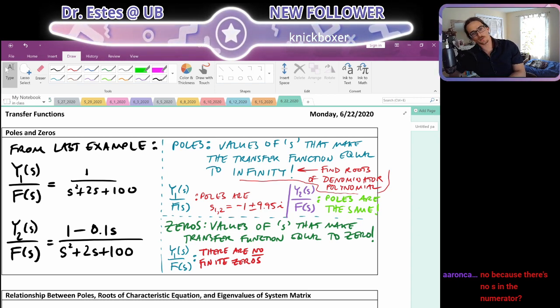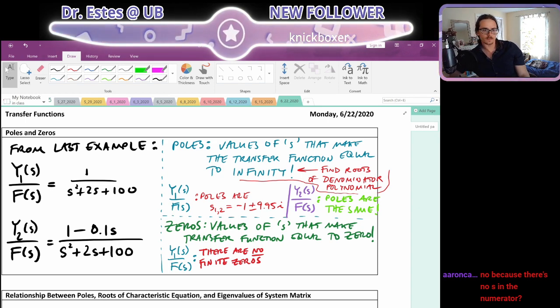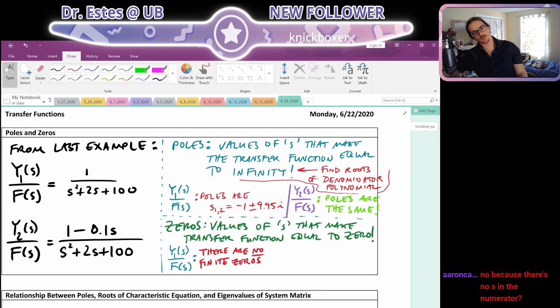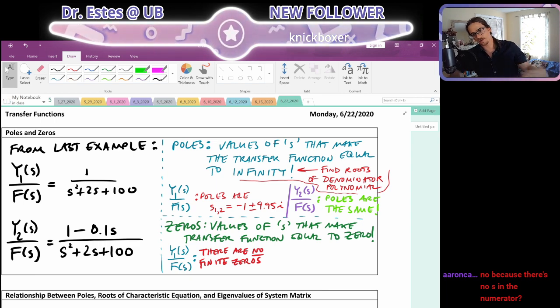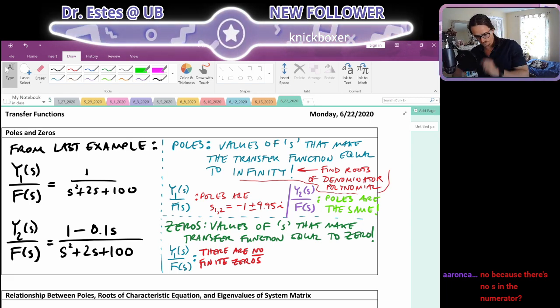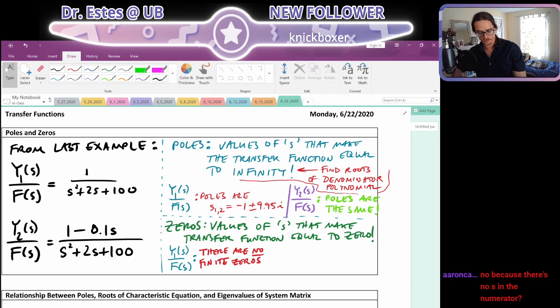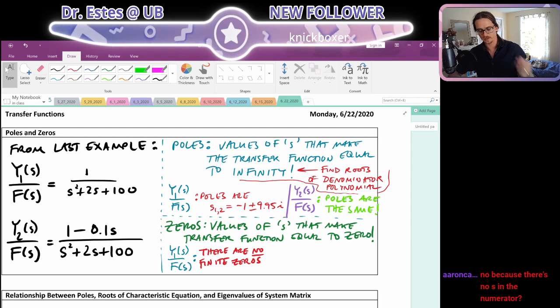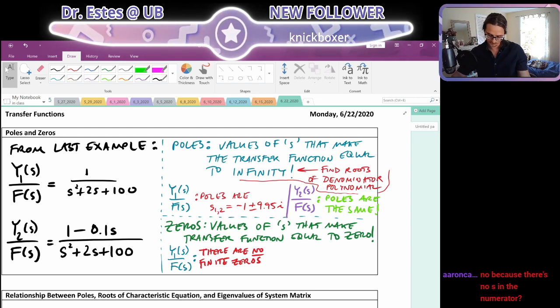But there's also a tricky way, and this becomes more important in control systems: another way to make a transfer function go to 0 is dividing by infinity. So for this first transfer function, if I set s equal to infinity, I'd be dividing 1 by an infinite number, and it would go to 0. But in this class, I think we're mostly concerned with finite zeros. So I'll just say there are no finite zeros.